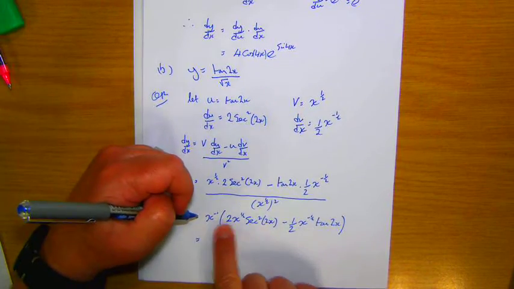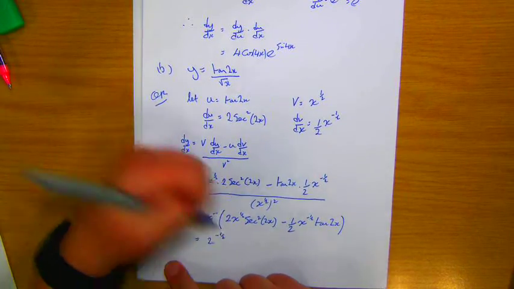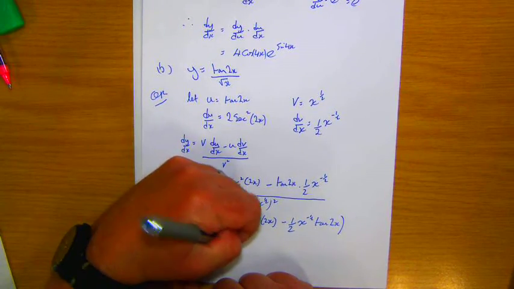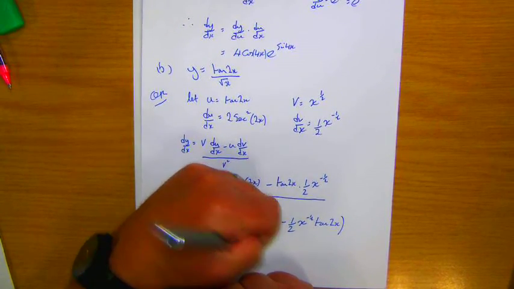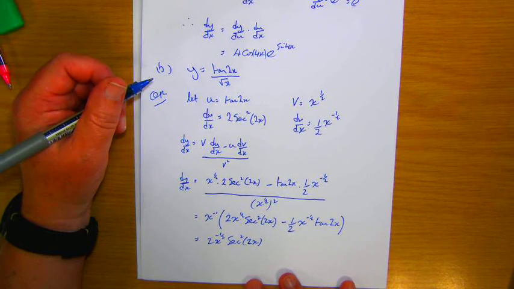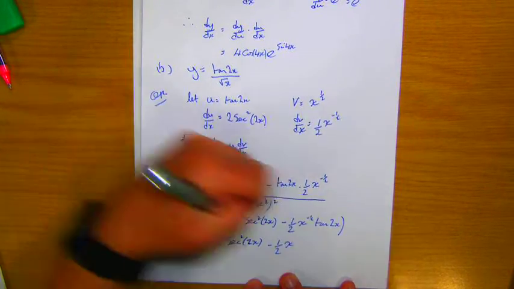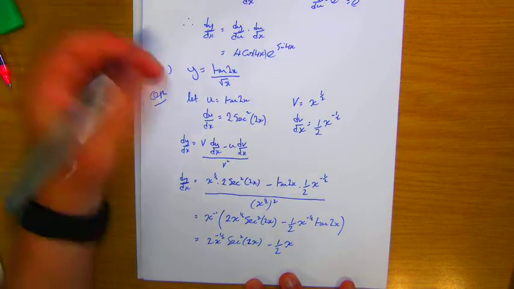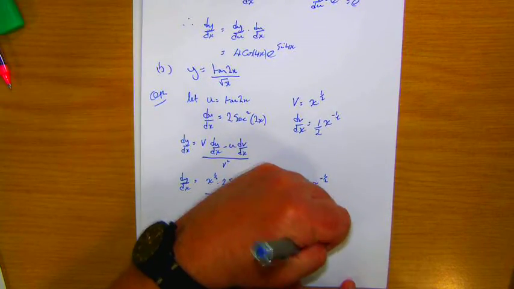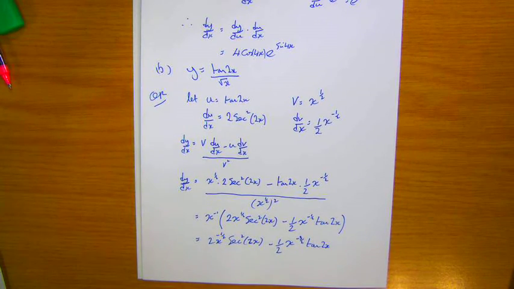So I'm going to have 2 x to the minus 1 plus a half, which would be minus a half, 2x to the minus a half sec squared 2x minus half, and then I'm going to have x to the minus 1 minus a half is minus 1.5, or minus 3 over 2 tan 2x. So that's simplified it a little bit.